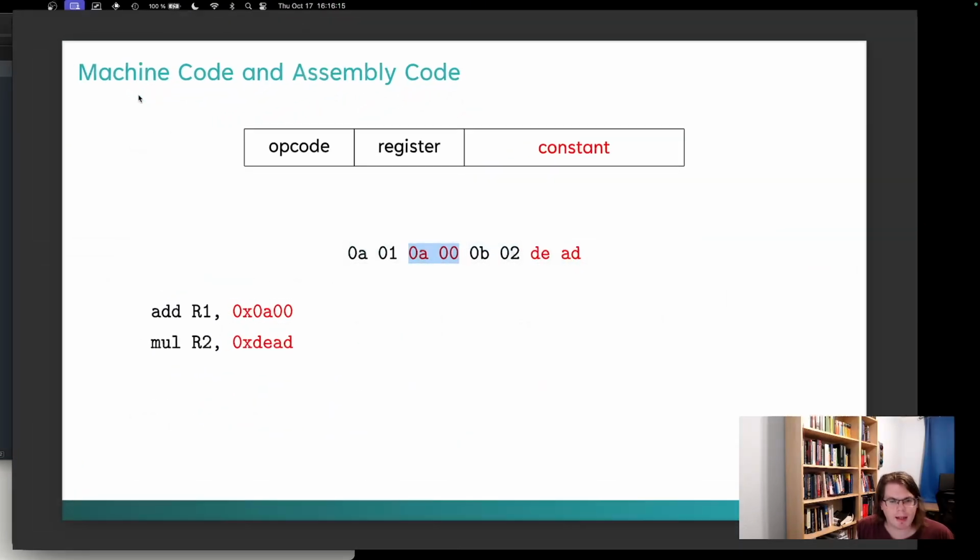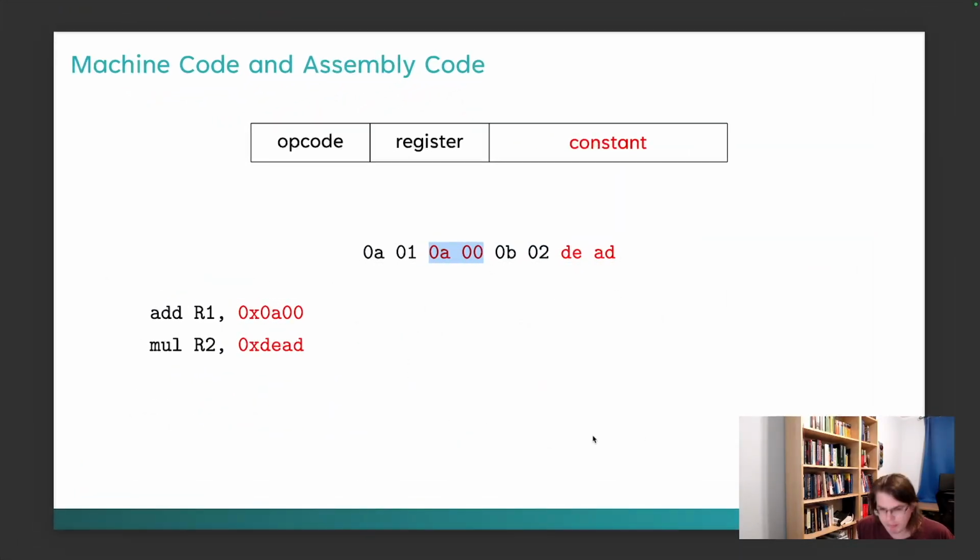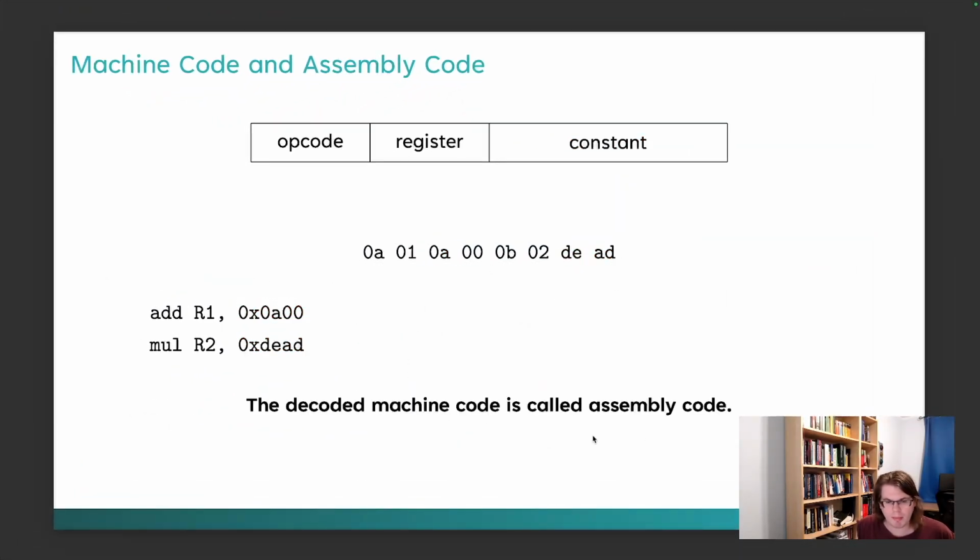Okay, so basically if we come back to this code, we decoded that and now we basically have two instructions decoded. This is what would happen low level natively on the CPU. And we are reverse engineers.